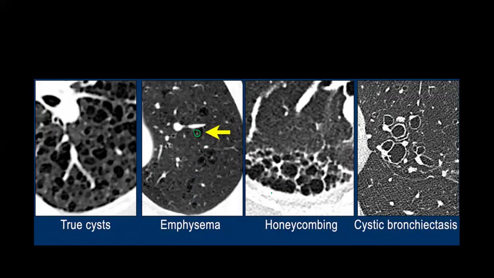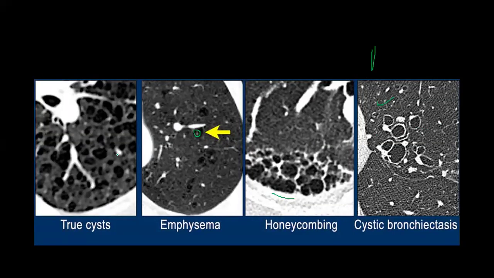And this is again honeycombing, and this is bronchiectasis, which can seem to be a cyst. In some cases, you have to rule this out by scrolling up and down in the axial slices. Cystic bronchiectasis runs into each other, and you will see a pattern of rods; these should all be intercommunicating. So it is bronchiectasis.